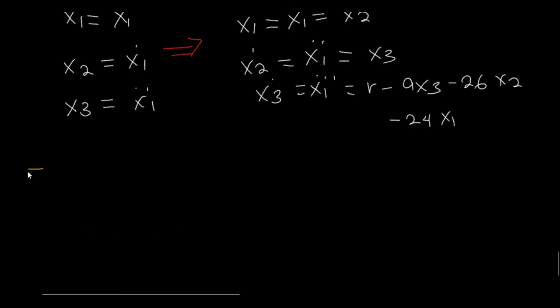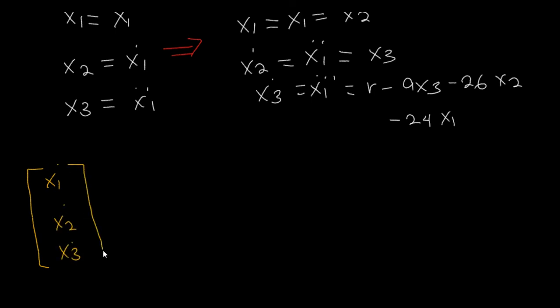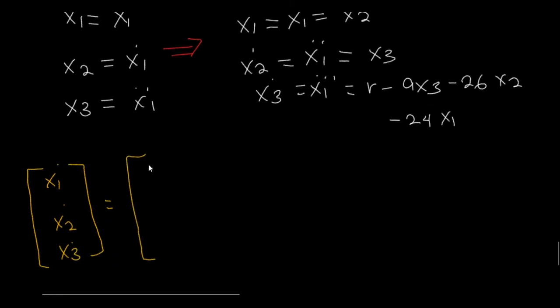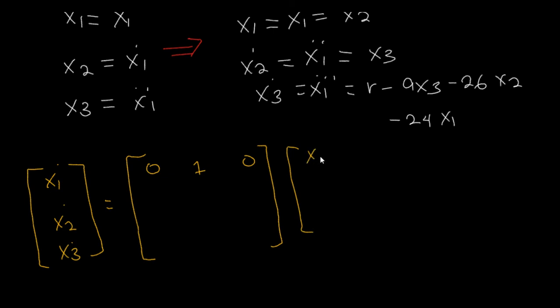Okay? So then pwede natin isulat into state equation, no, na naka-vector or naka-matrix form. So x1 dot, x2 dot, x3 dot equals, si x1 dot is x2, so 0, 1, 0. Okay. So state vector natin.